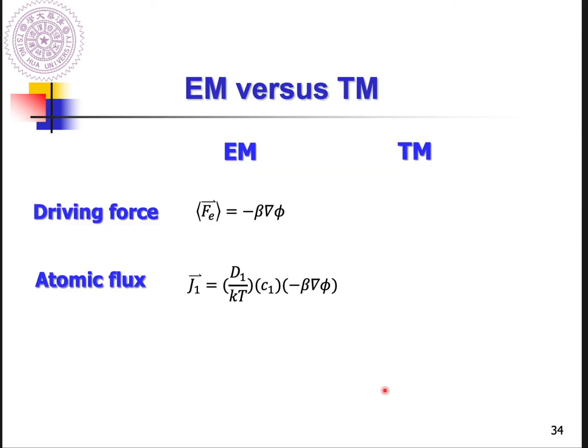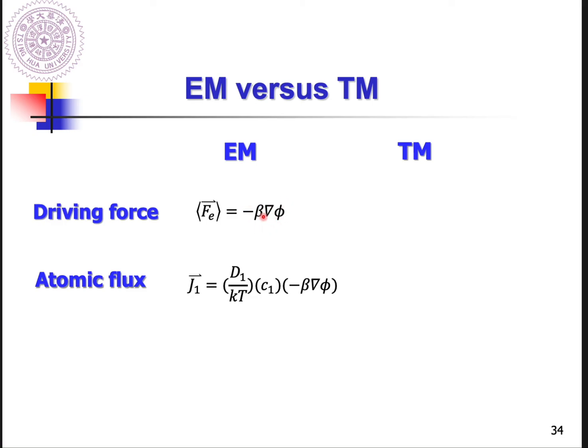Okay, so let me give you a summary for the EM. The driving force for EM that we usually derive here will be the minus beta, the effective charge, times the minus electrical potential gradient. Based on this, you can formulate the atomic flux as diffusivity, concentration, driving force. We want to list this because at the end of lecture 1, when we talked about the driving force for the electrical field, the driving force we told you was the minus electrical potential gradient.